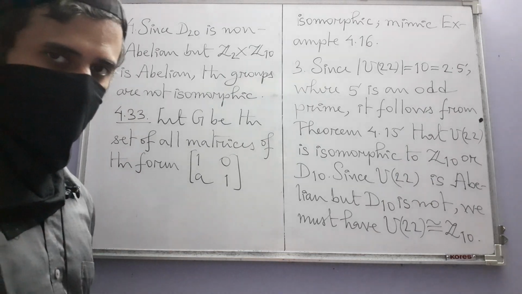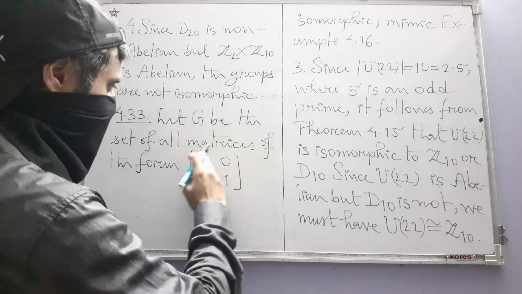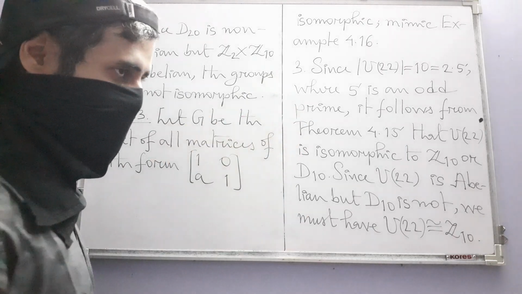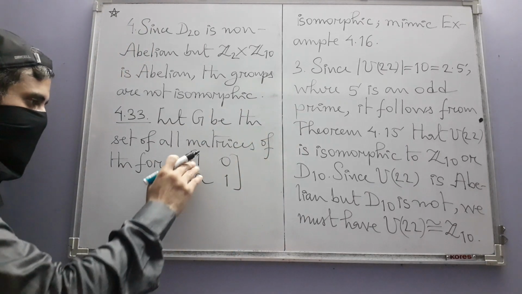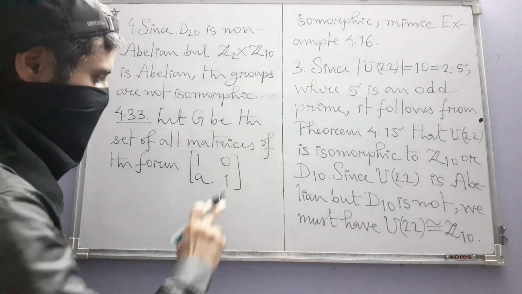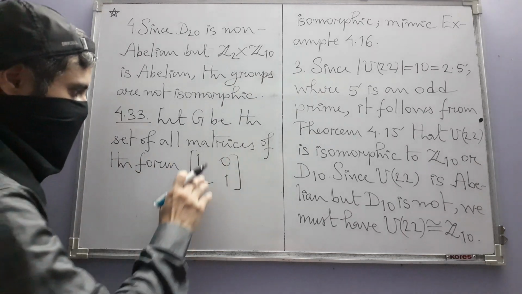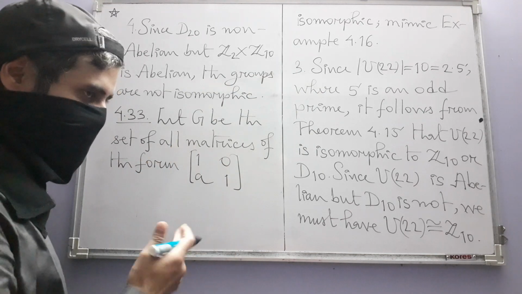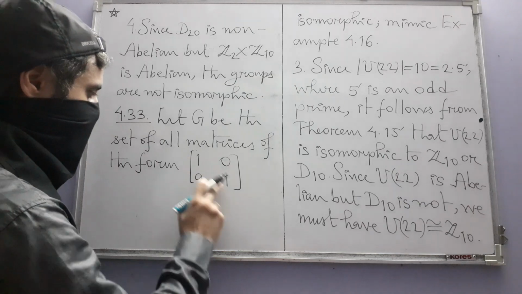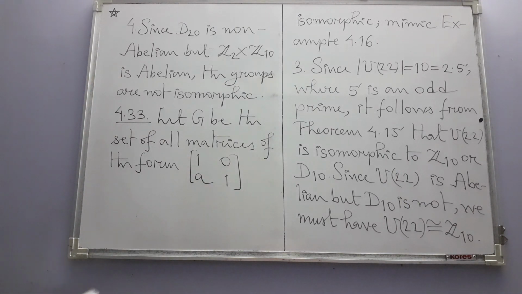Lower triangular matrices, that is matrices in which the upper off diagonal part, the upper triangular part has all its entries 0. In this case that is just one entry, the first row second column entry, but the other entries may or may not be 0. The diagonals are 1 and this entry is anything. Anything means any real number.